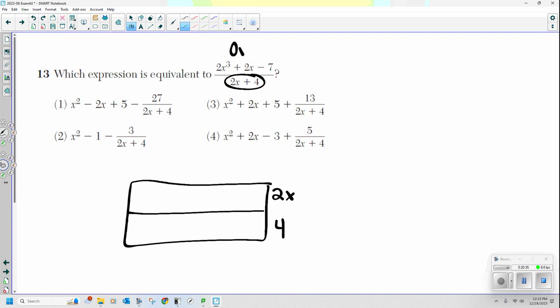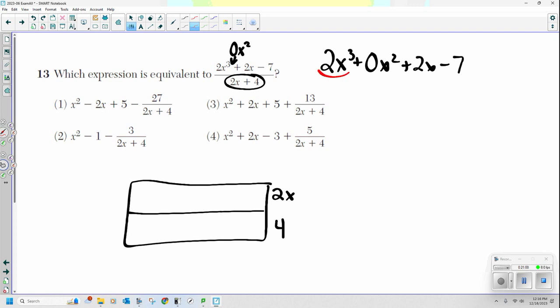I have 0x squareds in the numerator, don't I? Yeah, I don't have any. I have to write every term there, and if it's not there, I need to write it with a 0. So I need to have 2x cubed plus 0x squareds plus 2x minus 7, okay? And that's what I'm going to wrap around the outside here.